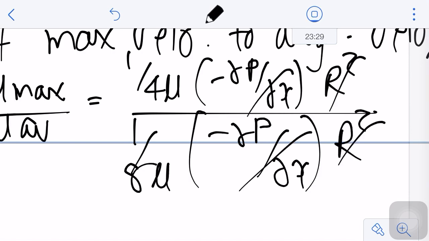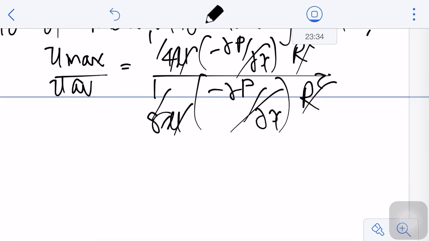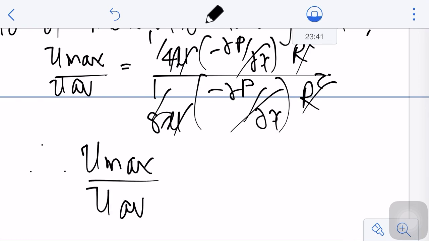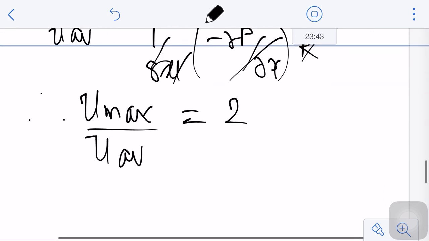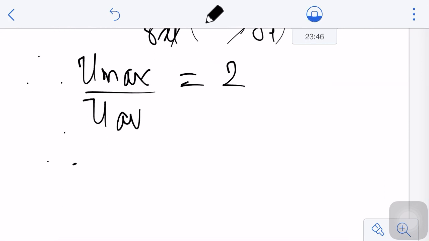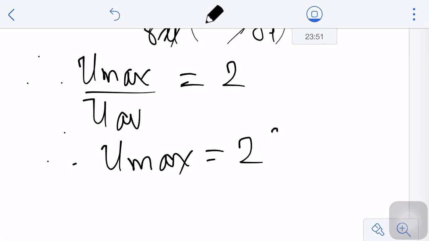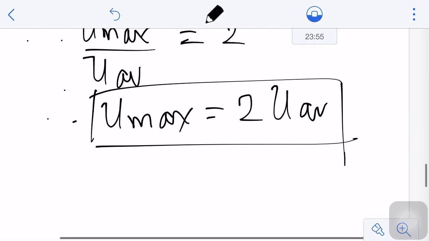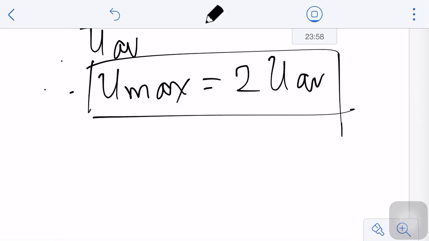So the final term will become u max to u average is equal to 2, or in other words you can write u max is equal to 2 times u average. So this is the relationship between the maximum velocity and average velocity. The maximum velocity is 2 times the average velocity, right.